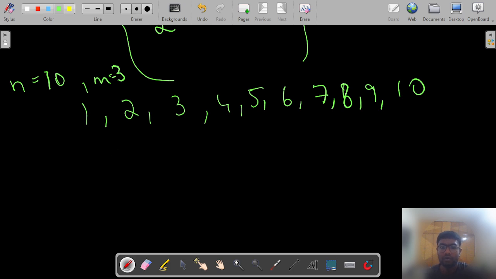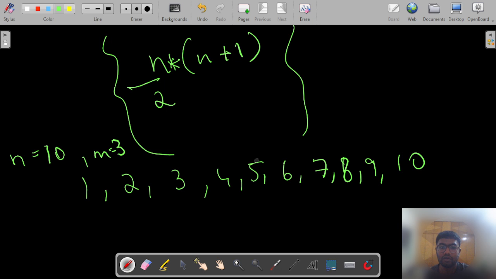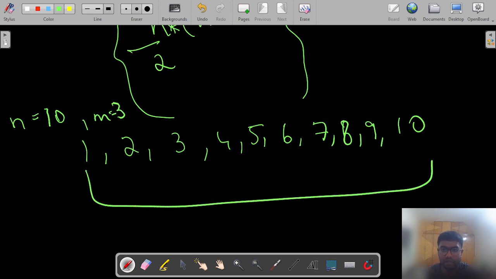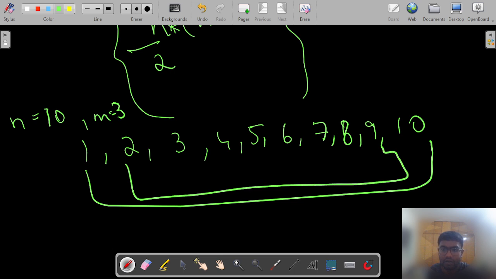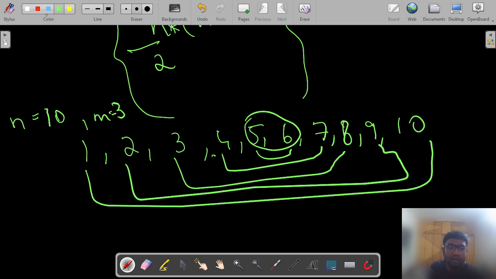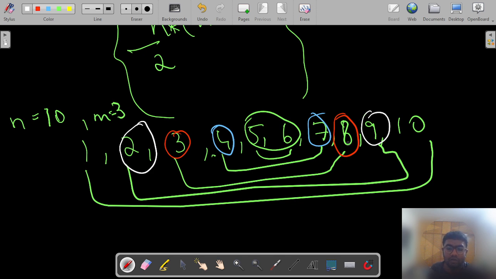So let's see how this formula gets derived. If we consider these pairs of numbers, adding these sets of pairs, any of these pairs is of type 1 plus n, that is n plus 1.